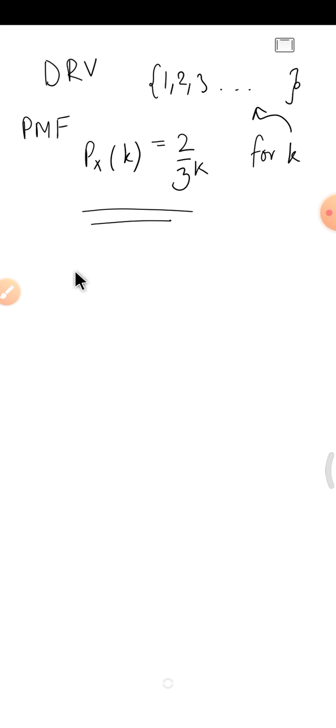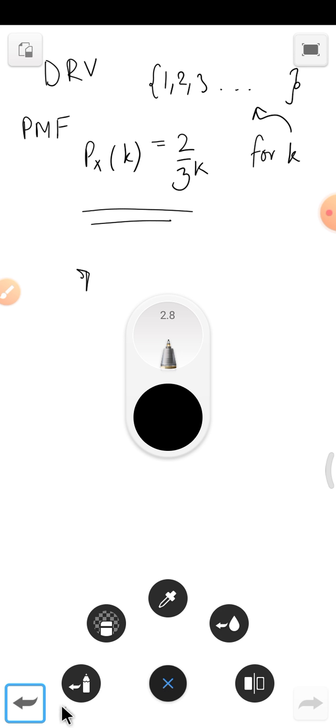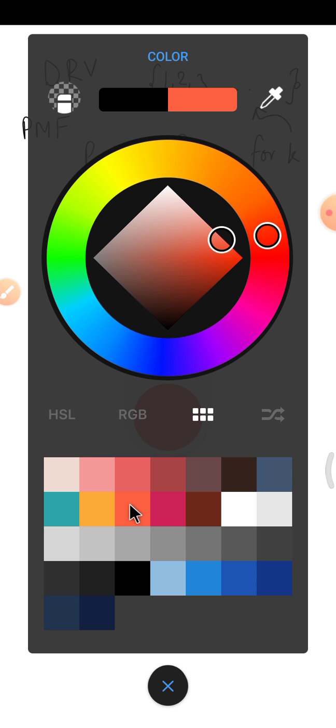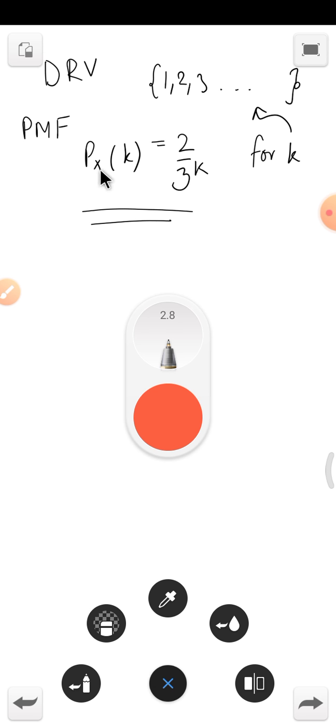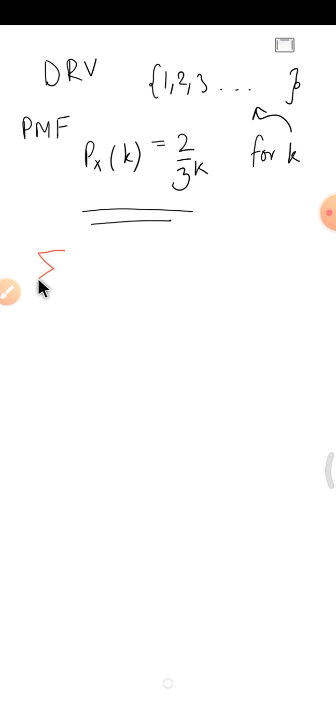So for the summation, we will write it like this: the sum from k equals 1 to infinity of P of k will be equal to the sum from k equals 1 to infinity of (2/3)^k.